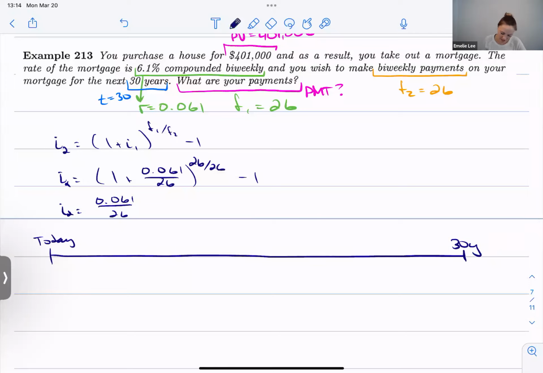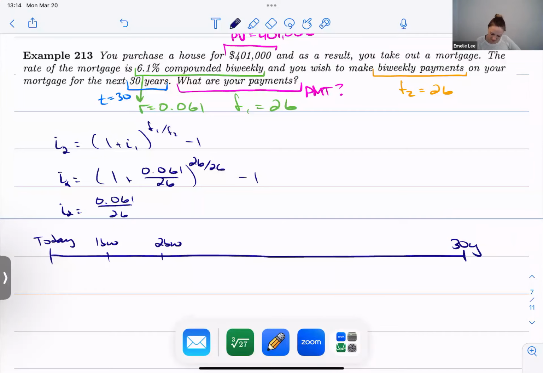Tricks of the trade. All right. So every 2 weeks, okay. So 1 biweekly payment, 2 biweekly payments. And so now 30 years, how many biweekly payments have I made?